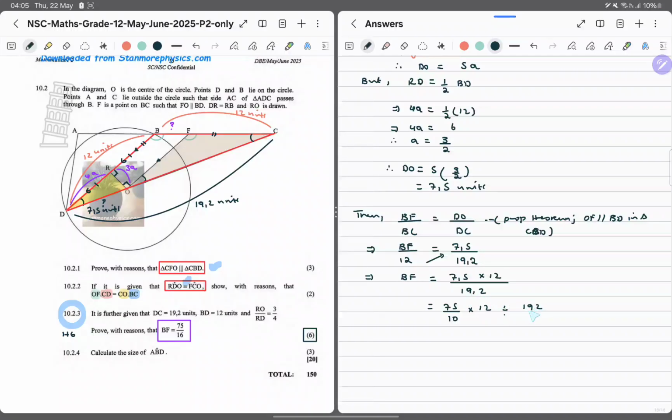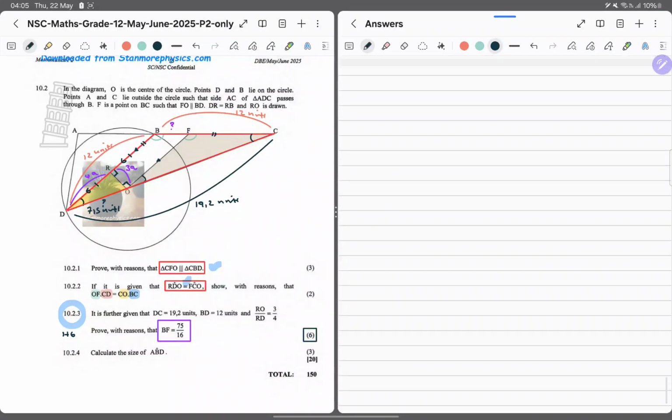It's going to be 192 over 10 as well. Technically, we're just going to keep it as 75 times 12 over 10 multiplied by, we flip this over, 192. And then the magic takes place. That divides to 1.